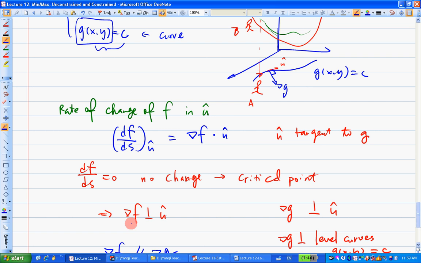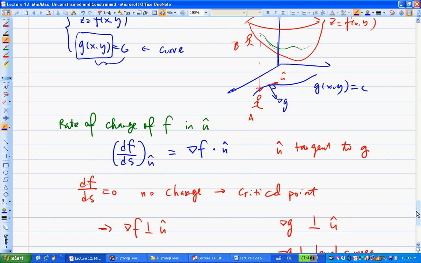And del f is the gradient vector of the function f. In order to find the rate of change of f, we have to find the location where the directional derivative is 0. Directional derivative is 0 meaning del f is perpendicular to u hat.